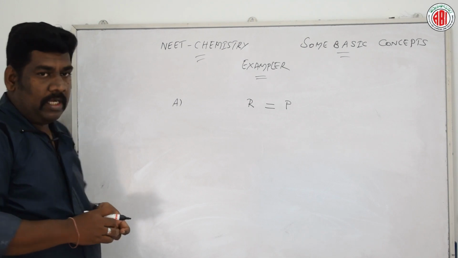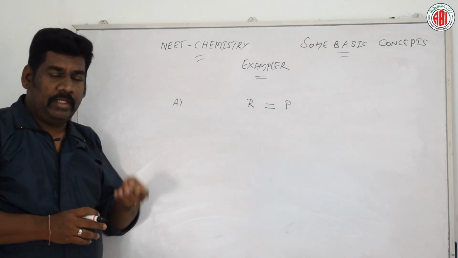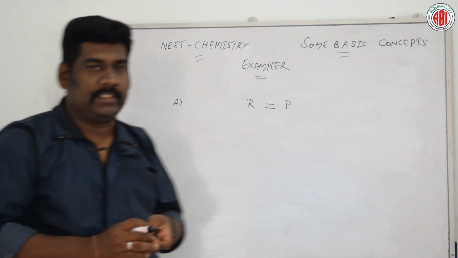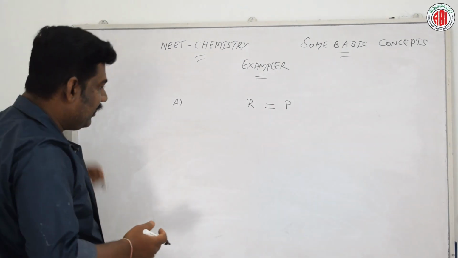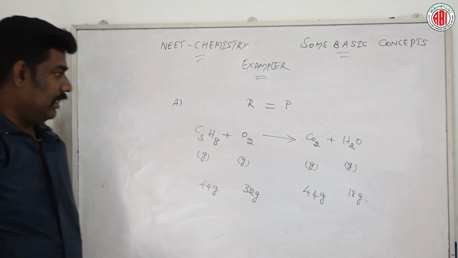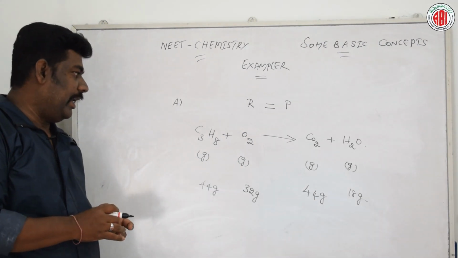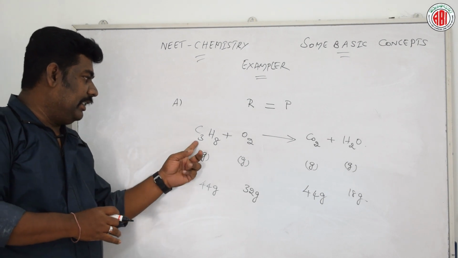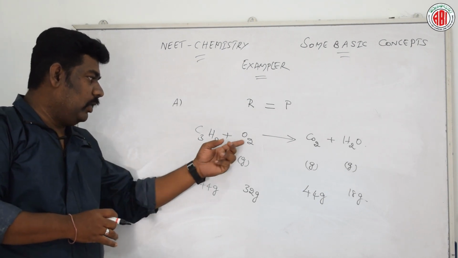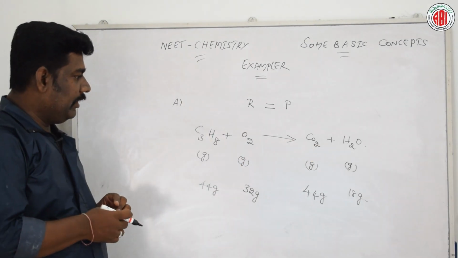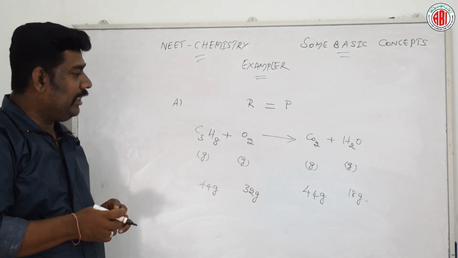According to this, if you see option B in the question, let us write the chemical equation first. Now look at this chemical equation, the balancing equation. Here C3H8 plus O2 gives CO2 plus H2O. Let us balance this equation.